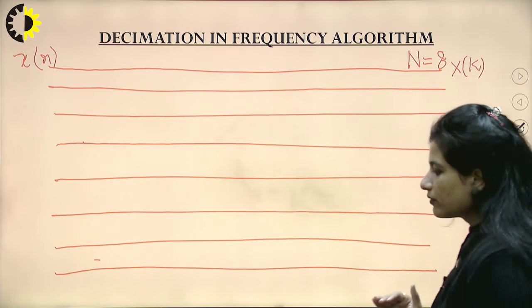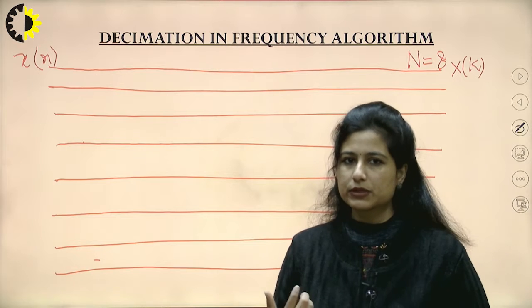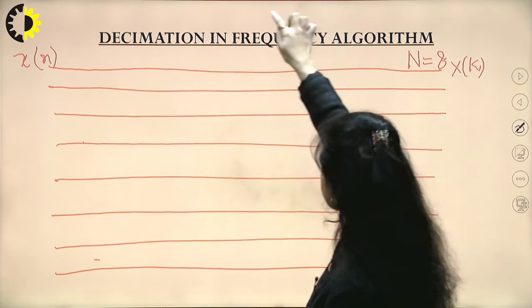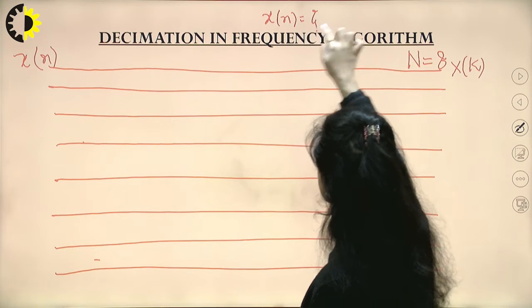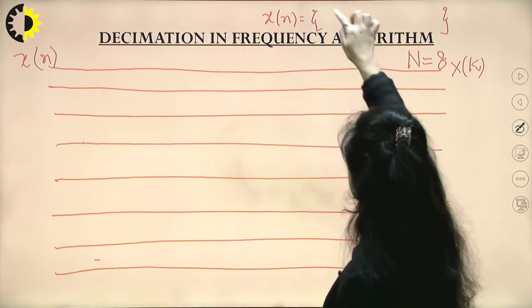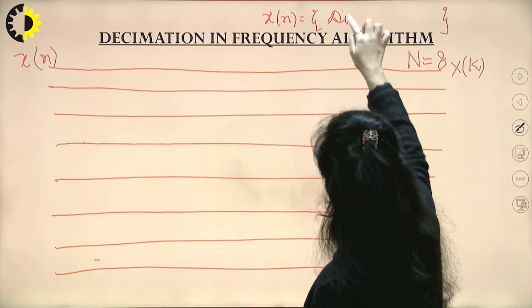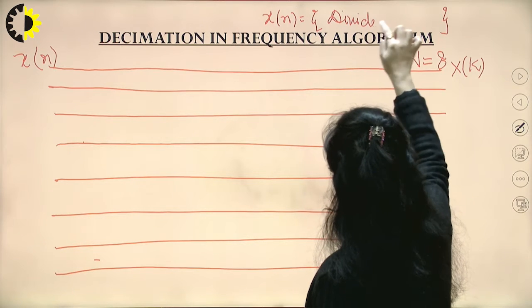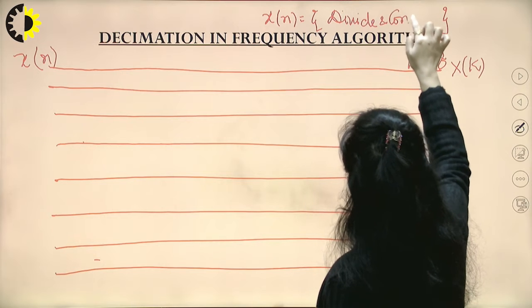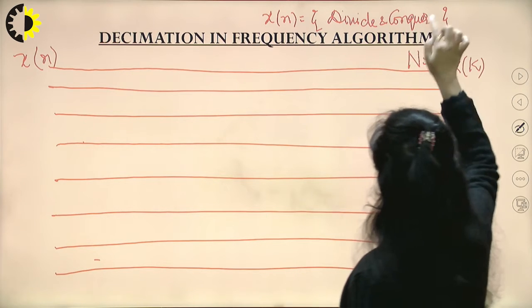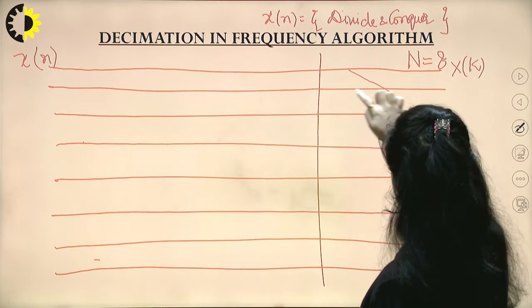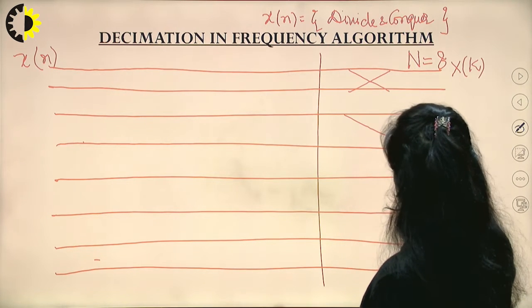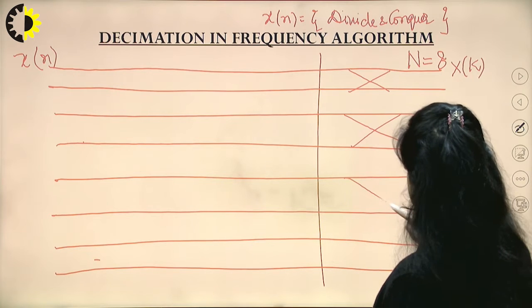So in the case of DIT, whatever samples were there in this particular domain, I was dividing those samples into subsamples and performing that particular calculation. So the first stage in the reverse direction would be, I would cross these sets of samples.